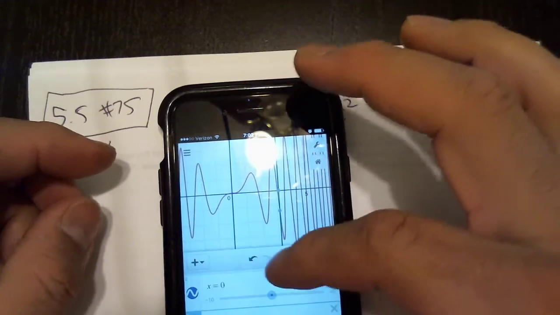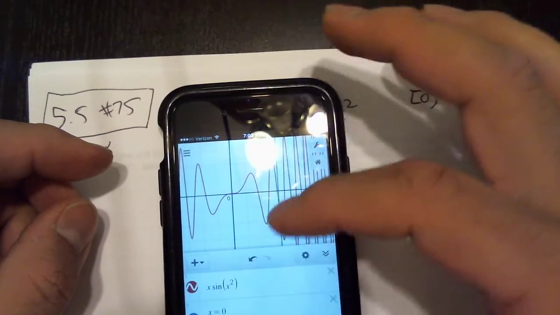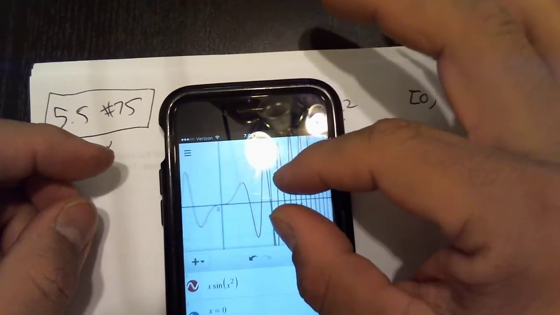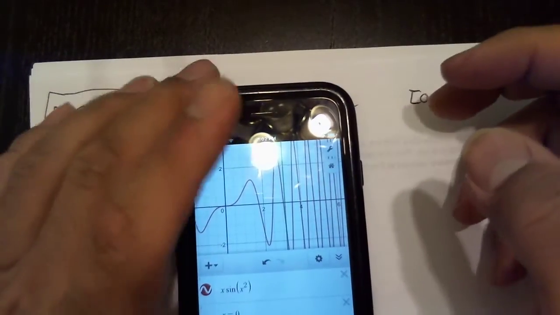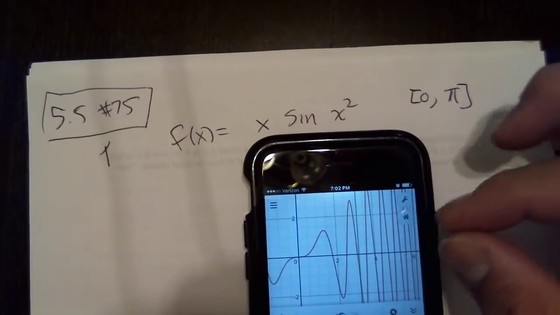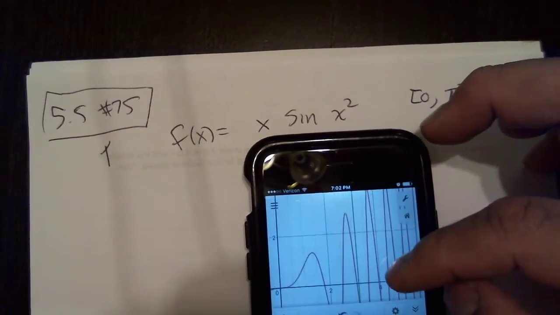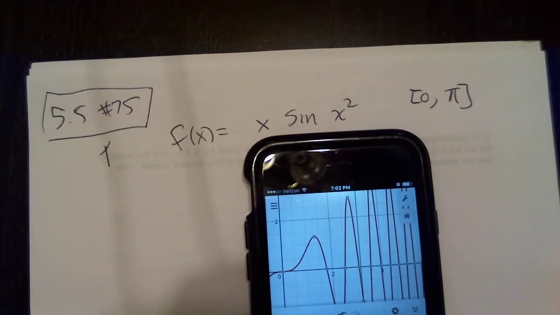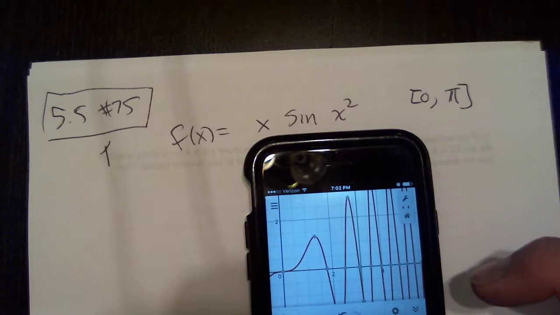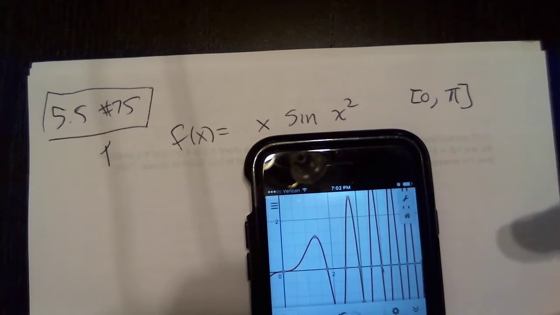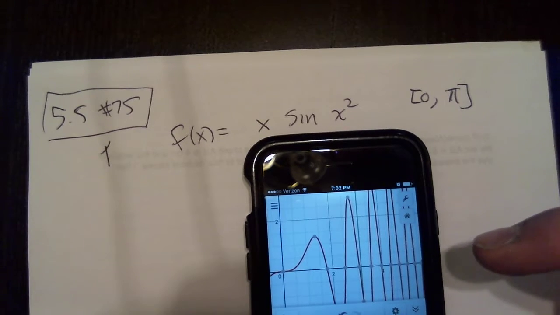Just kind of looking at our graph here. Let me get rid of some of this here.